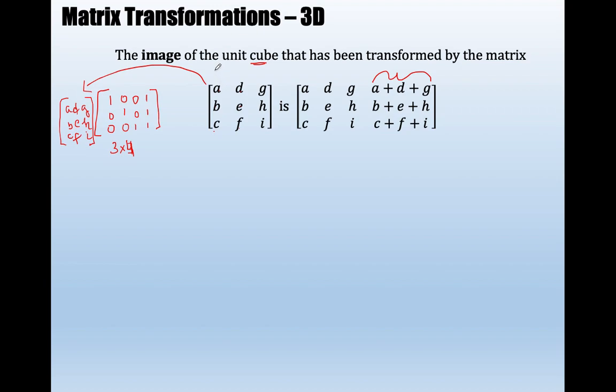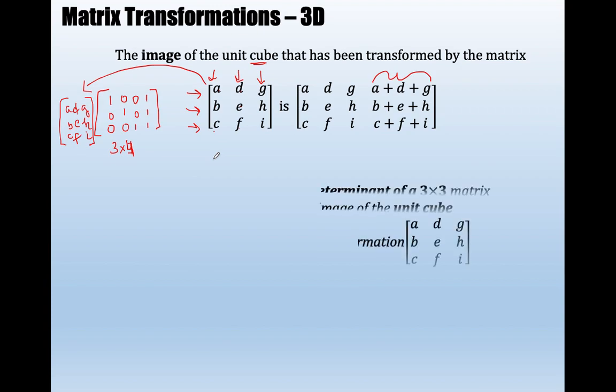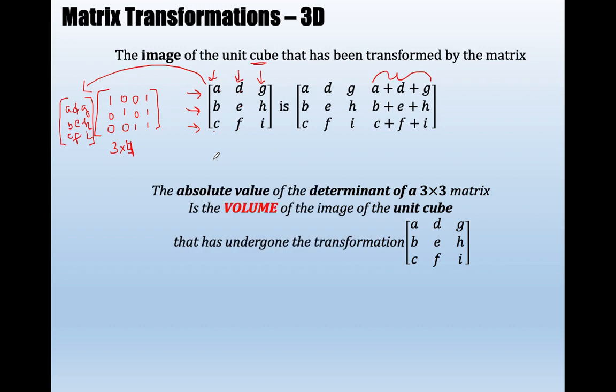Your transformation columns tell you where each of your unit vectors have gone, and then your last column is a sum of the rows, which are the operators on the 1, 1, 1 point. And yes, the absolute value of the determinant of that 3 by 3 matrix is indeed the volume of the image of the unit cube that's undergone this transformation. Whoa!